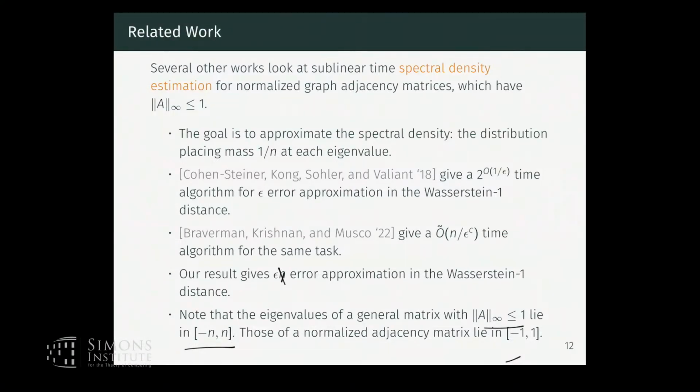But because of the Wasserstein scaling, you have 1 over n probability at each eigenvalue, so you divide by n, and it just becomes epsilon n. Oh, I see. Okay, thank you. Yeah, and they have that same exact metric, but they get epsilon instead of epsilon n, which is obviously way stronger. So you're taking into account that the interval is scaled. Yes. Okay, thank you. Thanks. Okay, other questions?